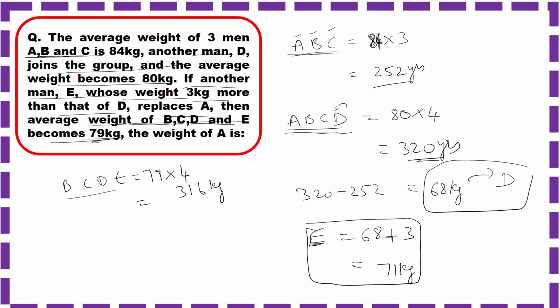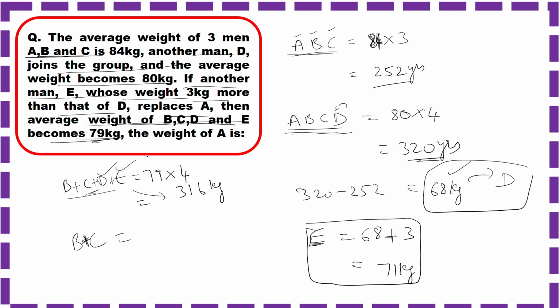Now can we calculate the combined weight of B and C from this? How can we calculate it? See here, B, C, D, E, the combined weight of these 4 people is 316. We know the individual values. D's weight is 68.